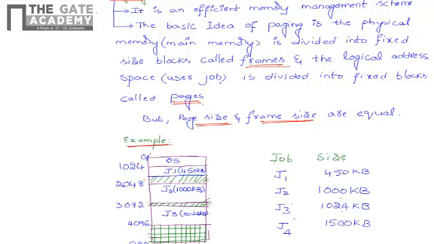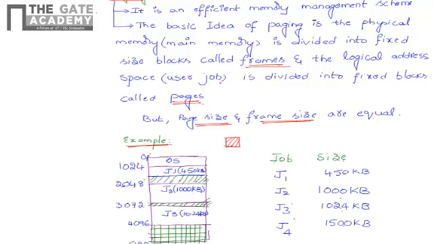So job J1 has 450 KB, and the remaining part is marked like this. J2 is 1000 KB, and there is a remaining portion which is not used.